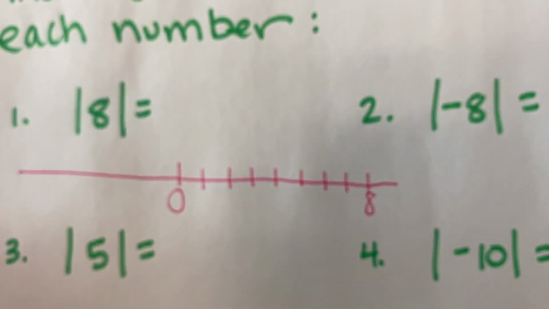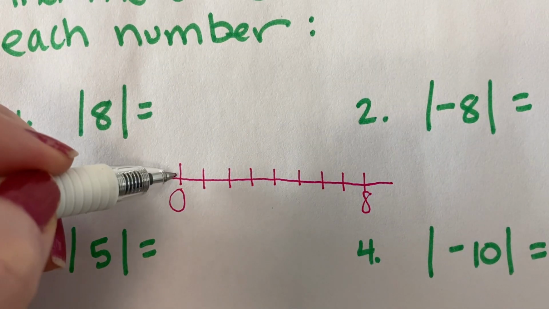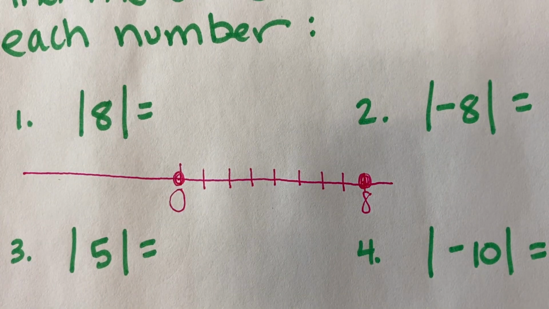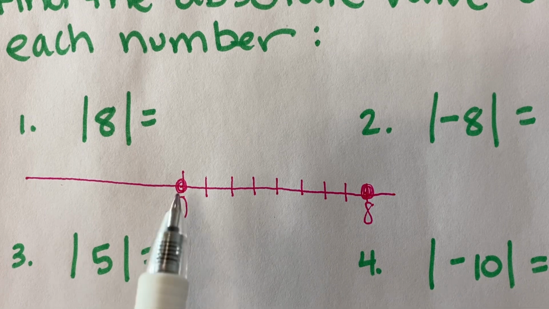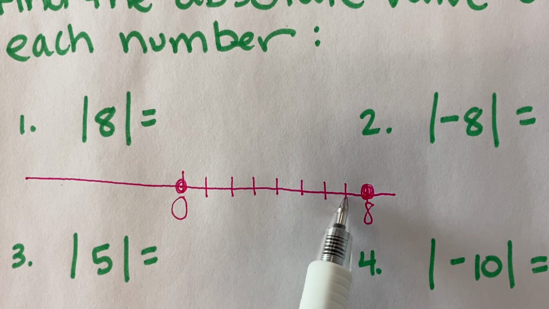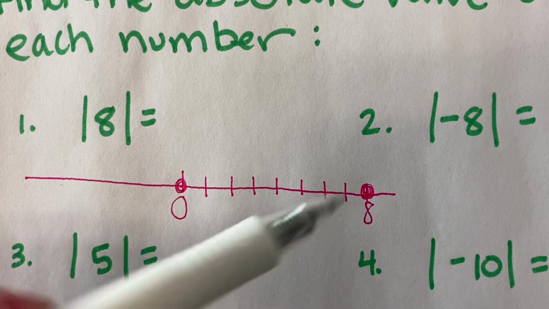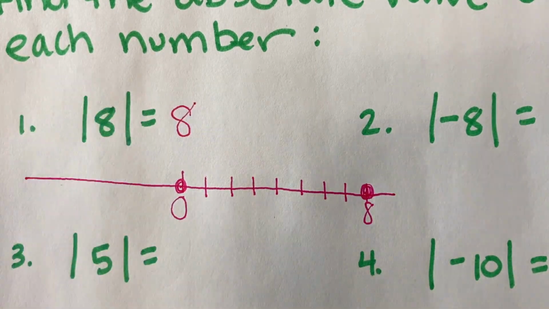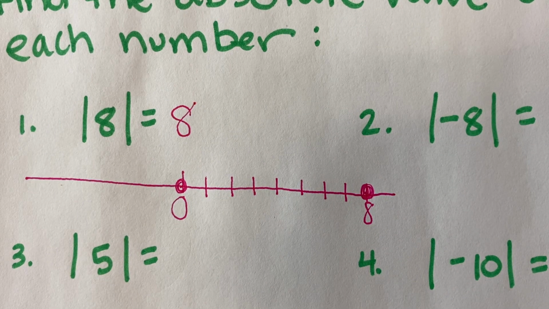Right there, right? So here's 0 and here's 8. What's the distance between them? Let's count. 1, 2, 3, 4, 5, 6, 7, 8. So 8 is 8 units away from 0 on the number line. That's it. That's how easy it is.